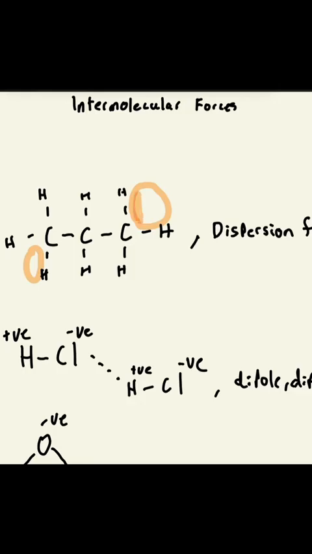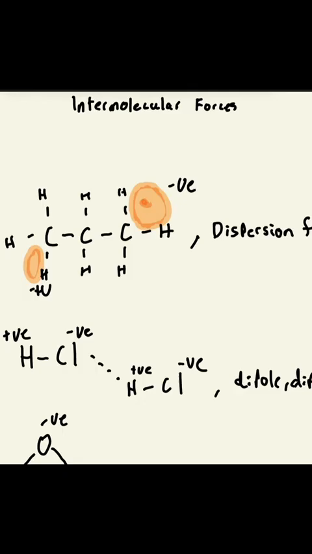And that will create what is called a temporary dipole. If there's more electrons here, then that will be negative, and then it will create a temporary dipole where this side will also be positive. And because of that, it will create a chance for this molecule to bond with other molecules.